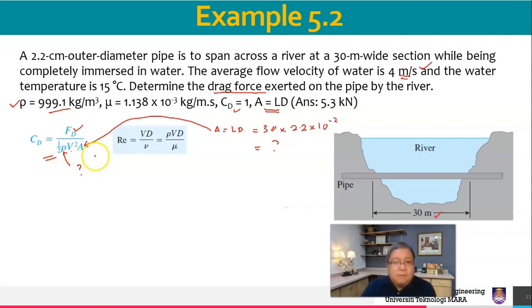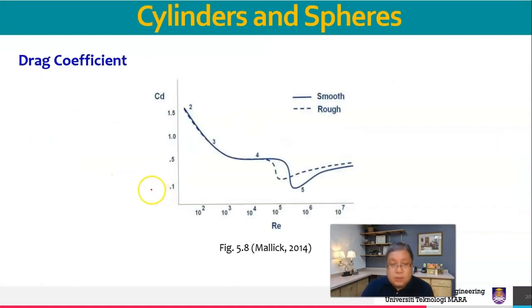But if you ever want to test whether this value is right or wrong, you can always check with the Reynolds number, and you will get around 7.7 times 10 to the power of 4, if I'm not mistaken. Please check, and you can refer to the chart I showed you just now.